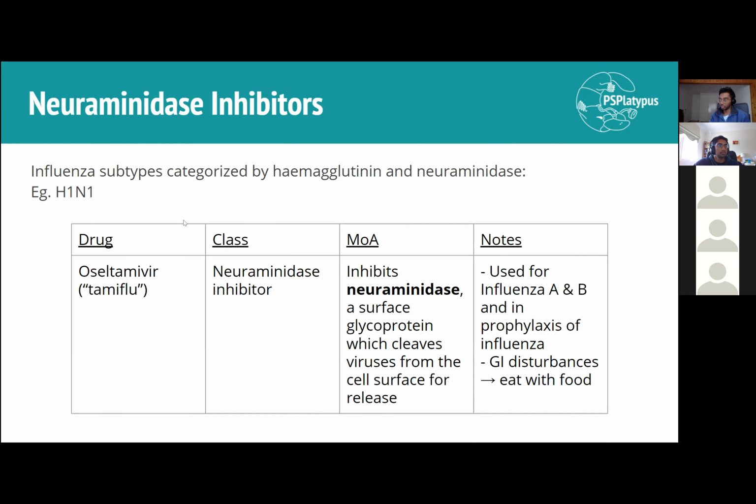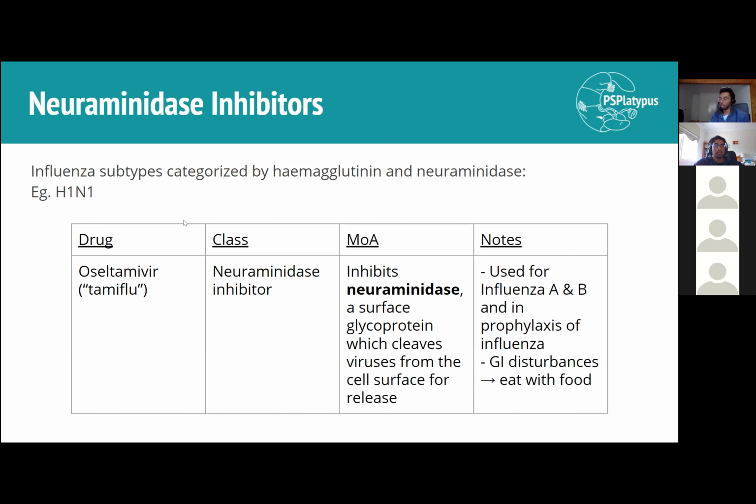What that really means is the influenza contains two different proteins, or enzymes, I should say: hemagglutinin and neuraminidase. The H stands for hemagglutinin and the N stands for neuraminidase. And as the number changes, that's suggestive of antigenic shift.